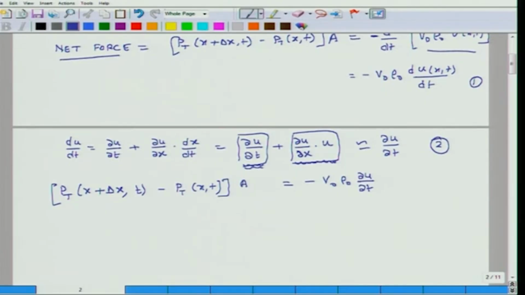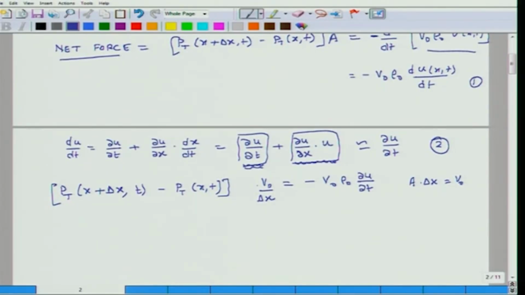Okay. Now, the next thing I am going to do is multiply this and divide it by delta x. So, once I do that, A times delta x is V naught. So, I am going to erase this and replace it by V naught.